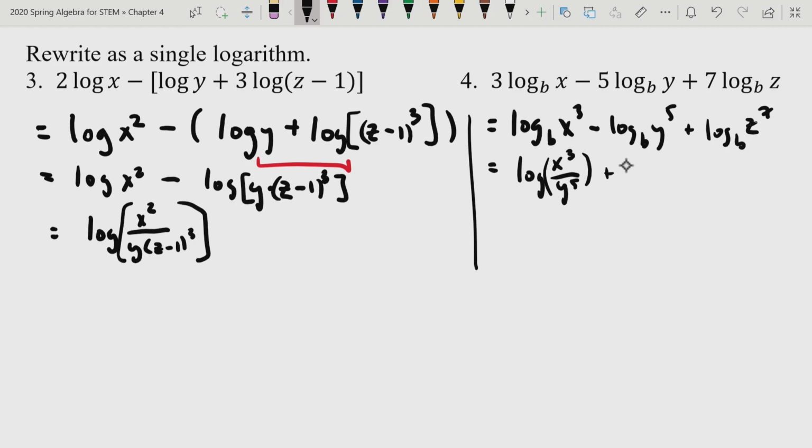Then plus a log base b of z to the 7th. Now I have the sum of logs. So that's the log of the first thing times the second. When you multiply a fraction by a non-fraction, you multiply the top. So this is x to the 3rd, z to the 7th over y to the 5th.